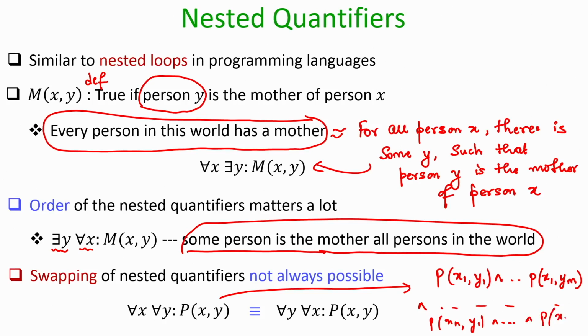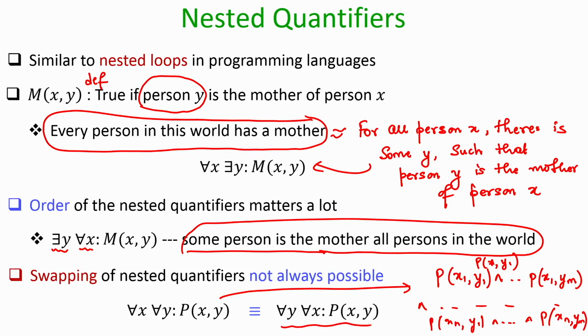Everything is conjunction here, and then I can shuffle around all the expressions of the form P of anything followed by y1 and take them together, followed by the conjunctions of all P of anything with y2 and so on, and that will be equivalent to this second expression, right.